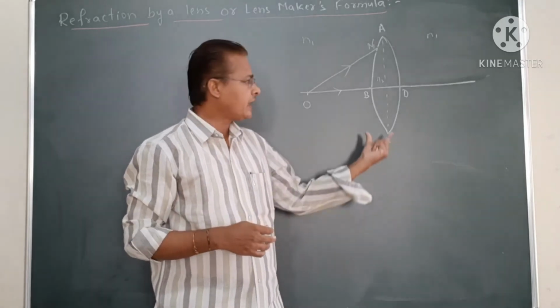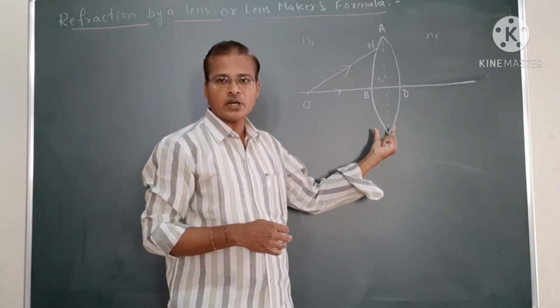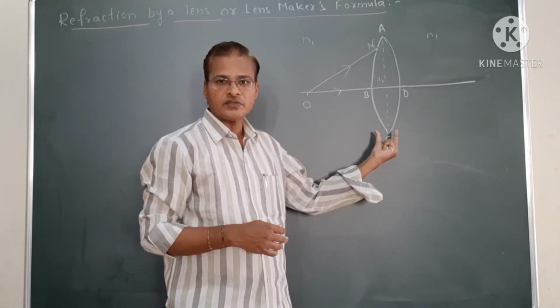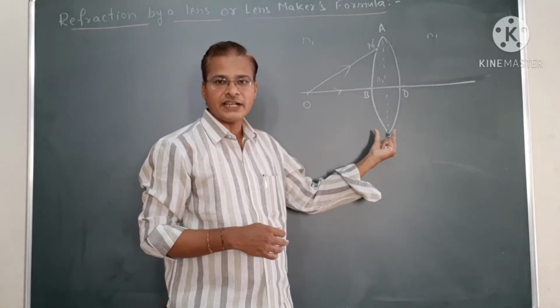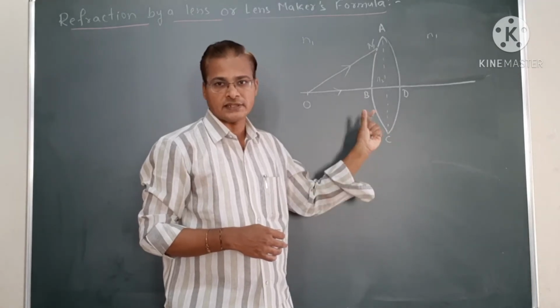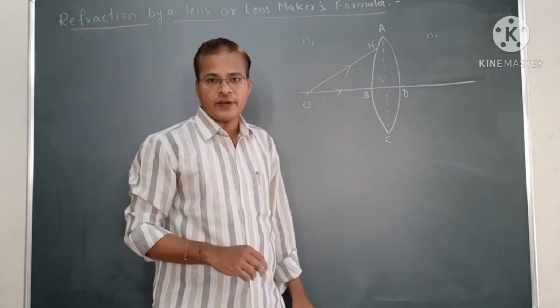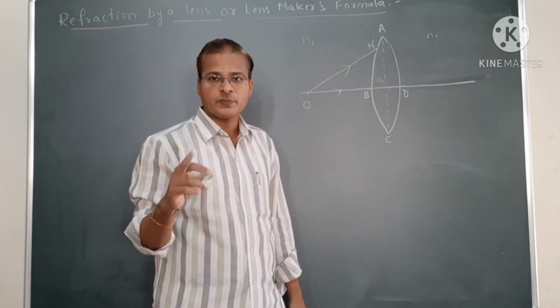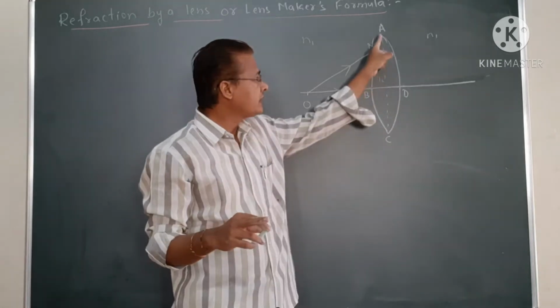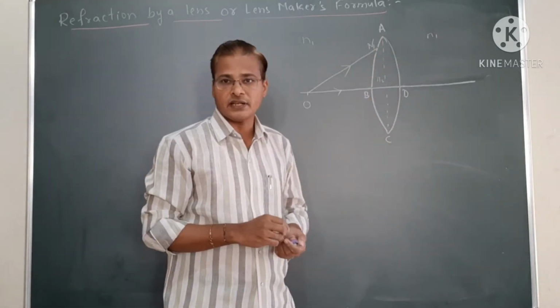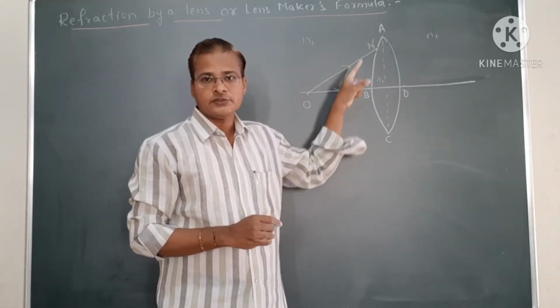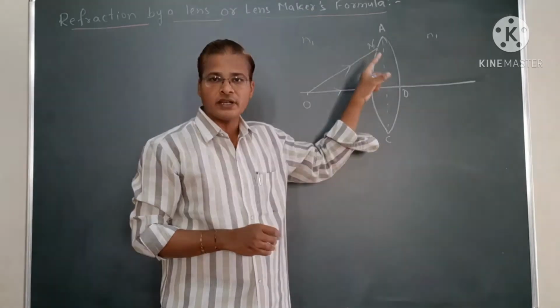Because there are two curved surfaces, refraction takes place twice. It undergoes two spherical refractions, because there are two spherical refracting surfaces.